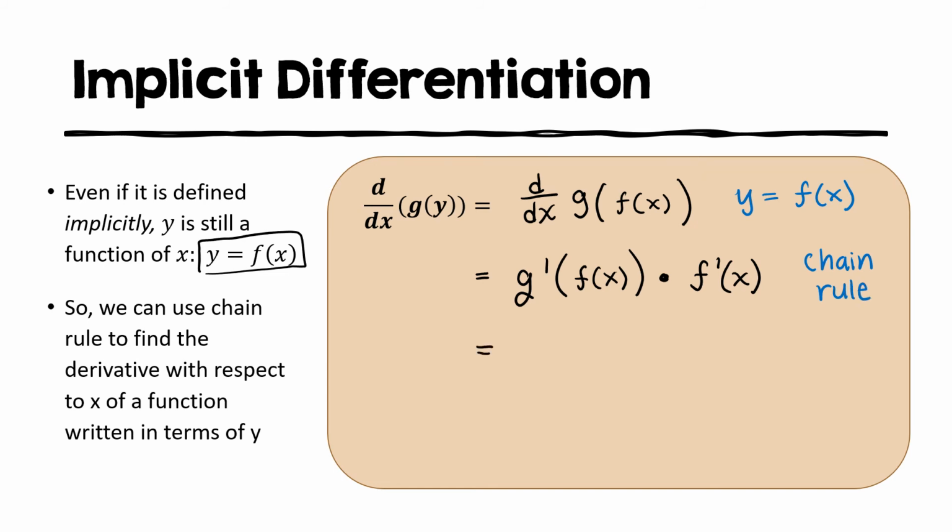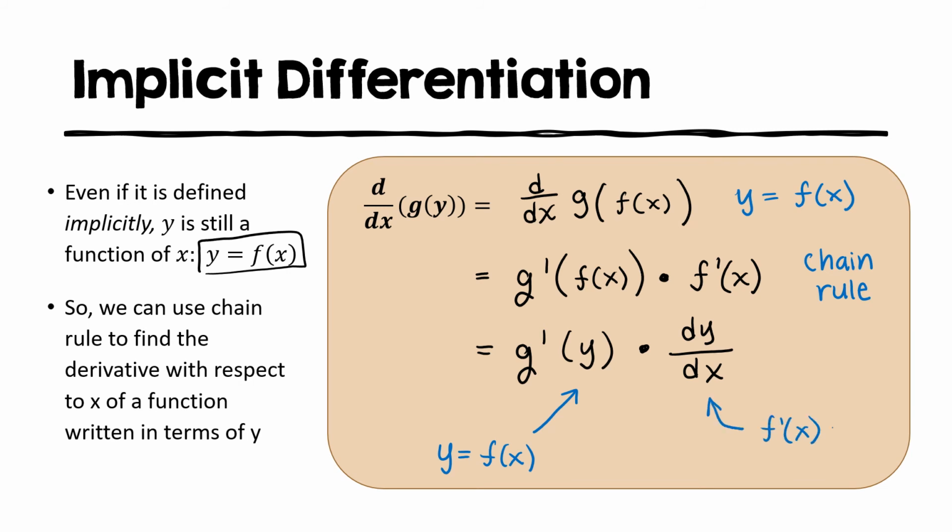And then we can look at this again and go, well, f of x, that's just y. So we have g prime of y, and f prime of x, that's just the derivative of y with respect to x. So this is just rewriting it since y is equal to f of x. And f prime of x is equal to dy dx.